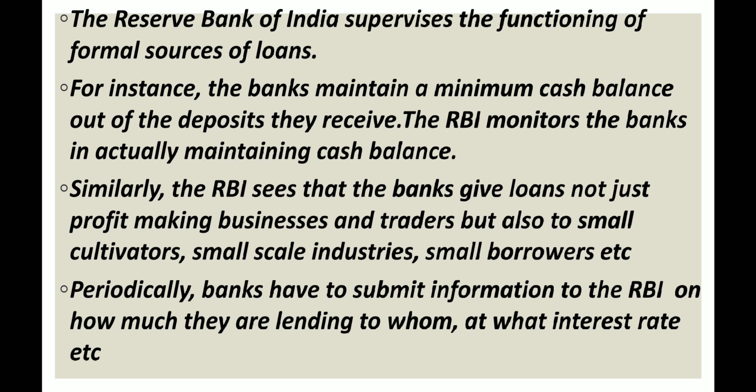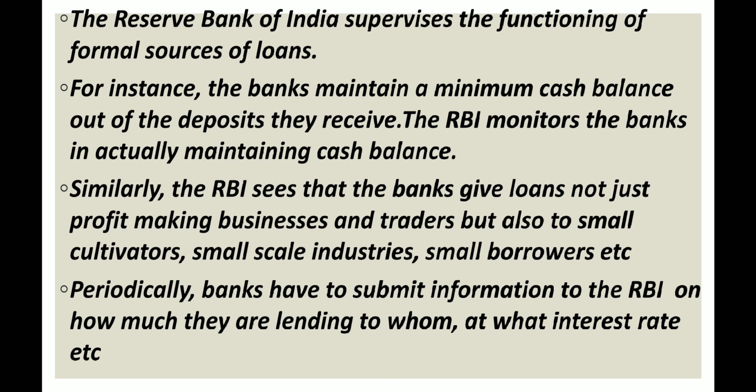The Reserve Bank of India supervises the functioning of formal sources of loans. For instance, the banks maintain a minimum cash balance out of the deposits they receive. The RBI monitors the banks in actually maintaining cash balance.